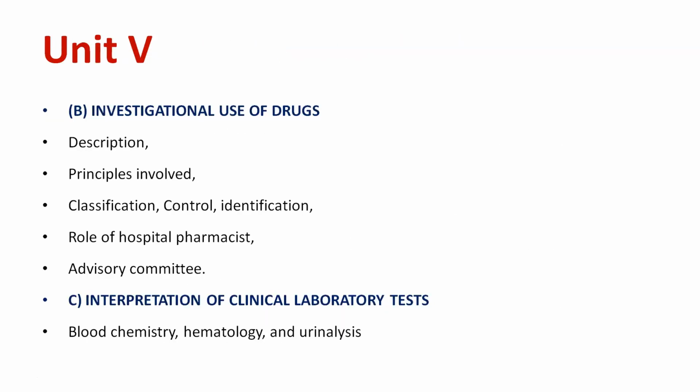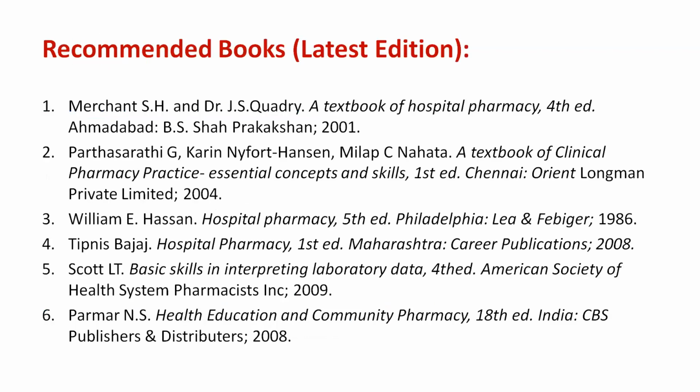That completes all the 5 units here. The time allotted for all the 5 units is 45 hours from the Pharmacy Council of India. So we'll be covering all these things in this session one by one.